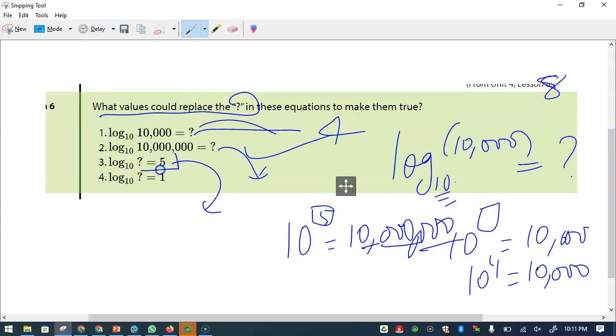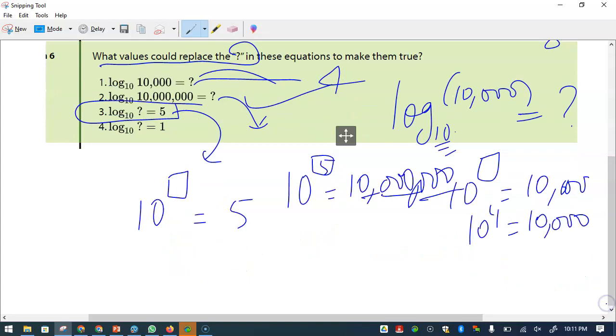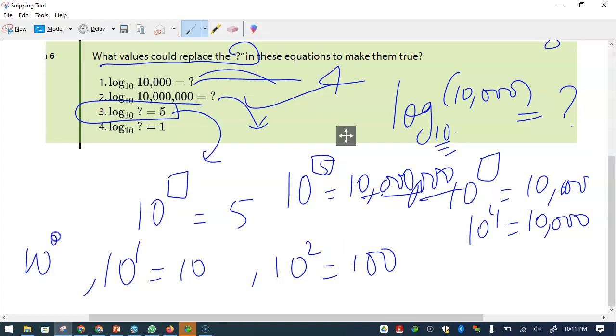What about the next one? So you're asking for this one. You're saying, okay, 10 raised to what gives you 5. Now this is a tricky question because we know 10 raised to 1 is 10, and 10 raised to 2 is 100. And 10 raised to 0 is 1. Anything raised to 0 is 1, right?